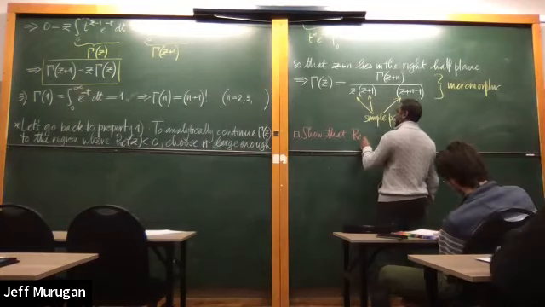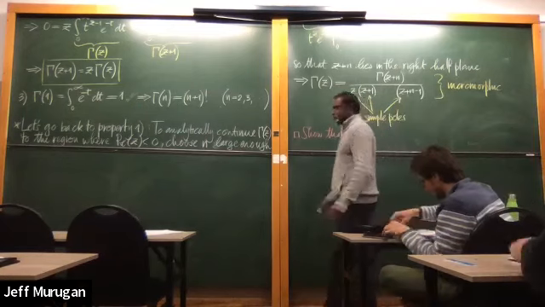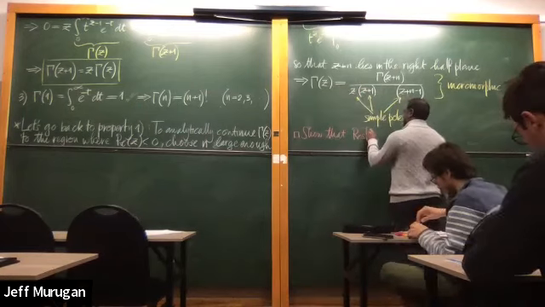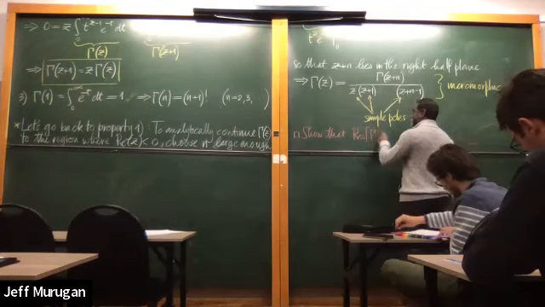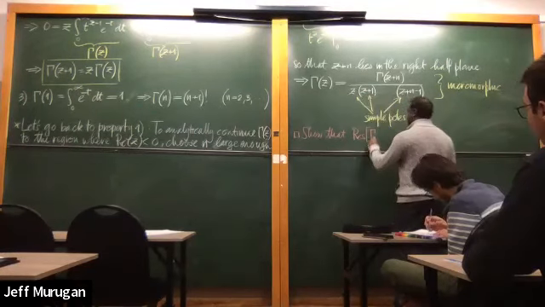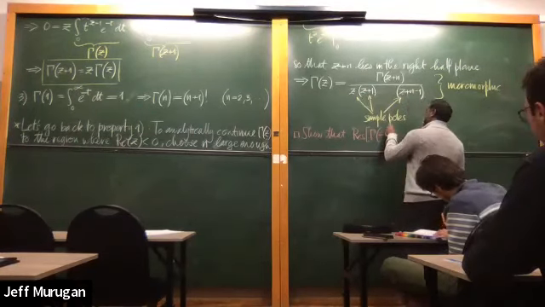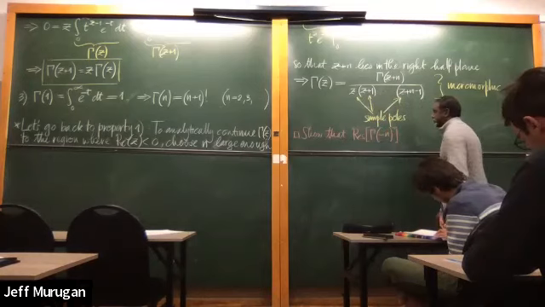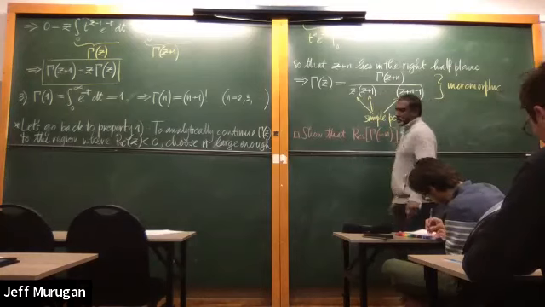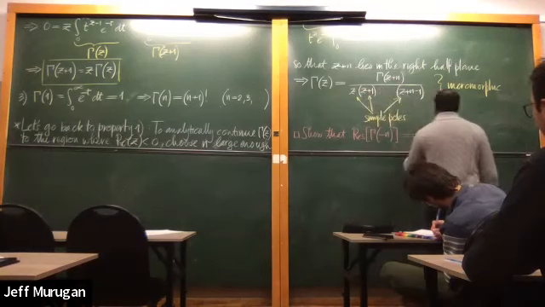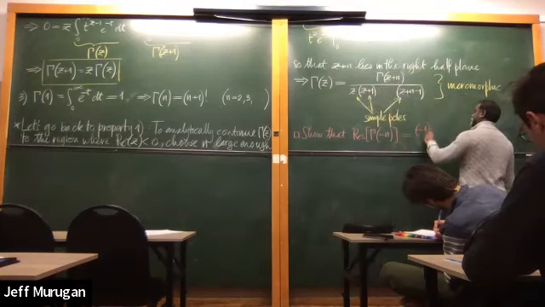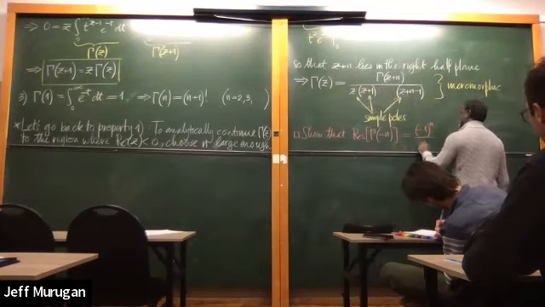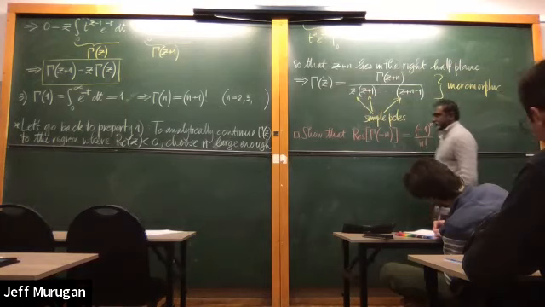Show that the residue of gamma of z, let's say gamma of minus n, is just minus 1 to the n over n factorial.